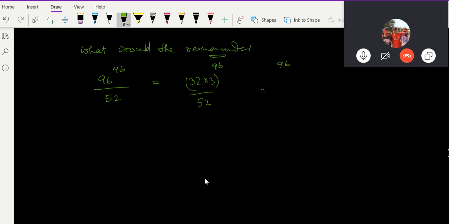Which means 2 to the power 5 into 3 to the power 96 over 52, which means 2 to the power 480 into 3 to the power 96 by 52, correct?